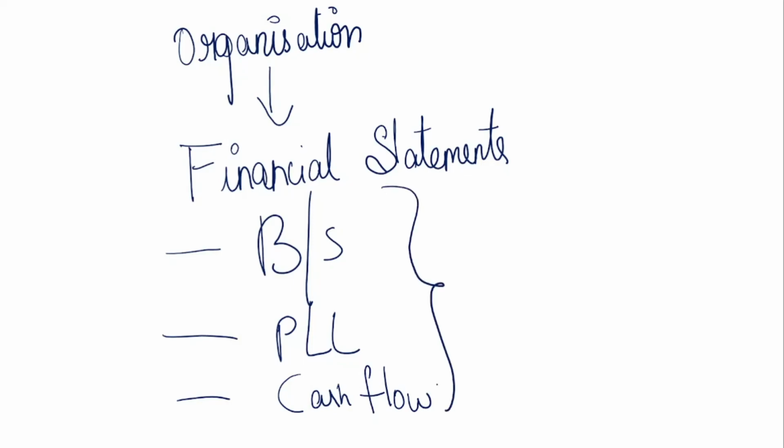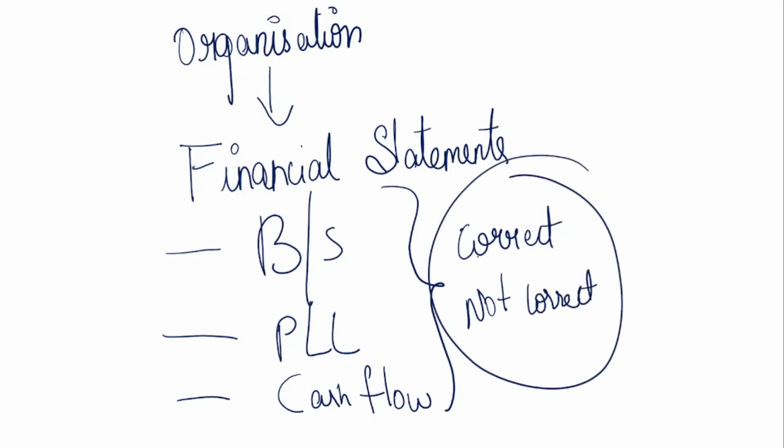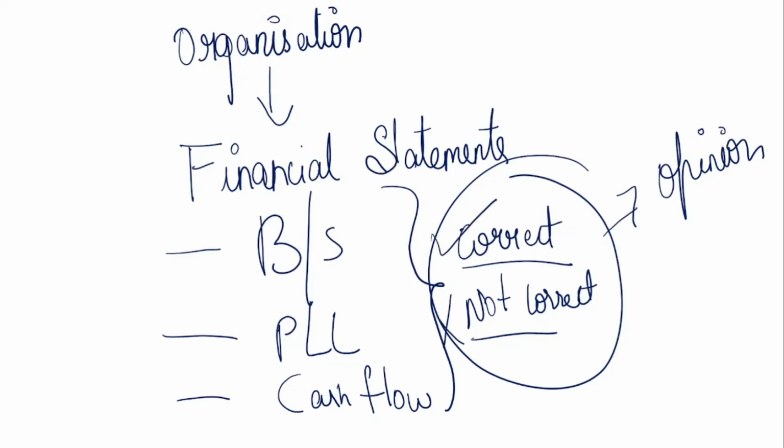Now, a person is required to check whether the financial statements we have made are correct or not correct. The process of telling correct or not correct means he needs to give an opinion. What opinion does he need to give? Whether the financial statement is correct or not correct.